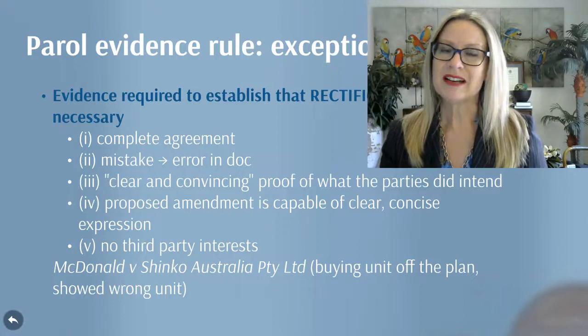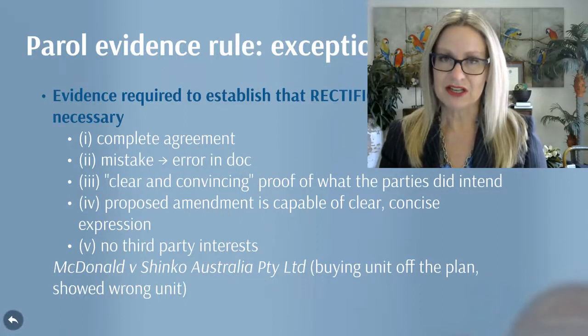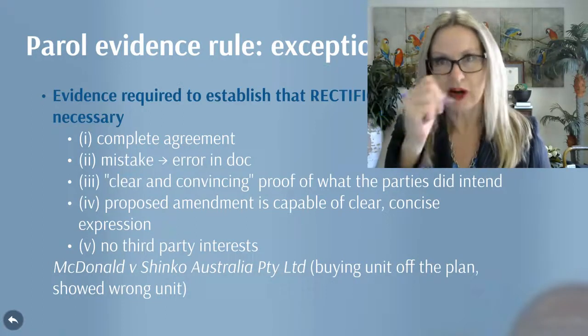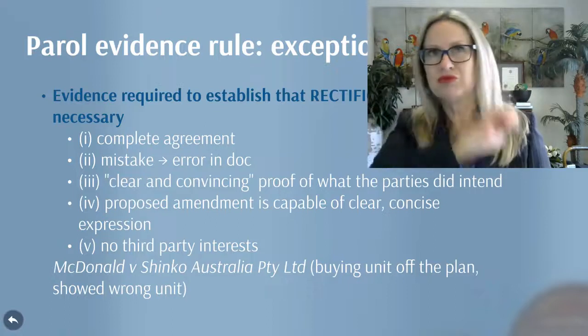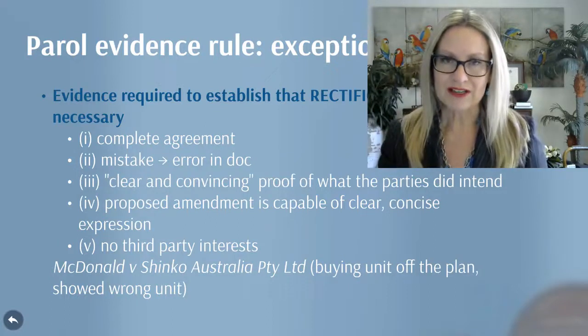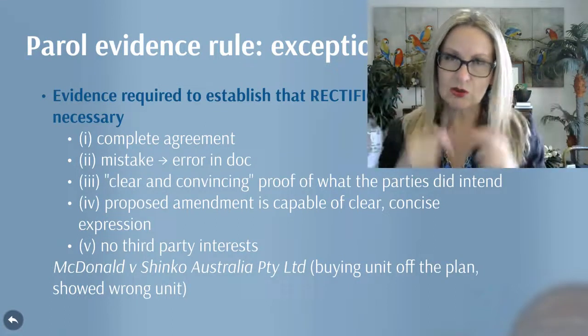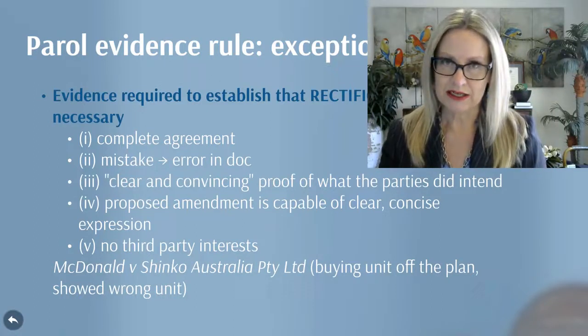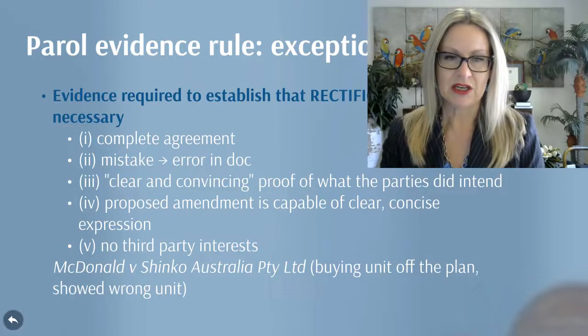You have to be able to state whatever the parties did intend very clearly and concisely, so that, again, the court doesn't have to get their blue pencil and write a whole novel or reorganize the whole contract. You have to be able to just pop a little clause in to fix things up, and you can't have any third-party interests intervening here to complicate matters.